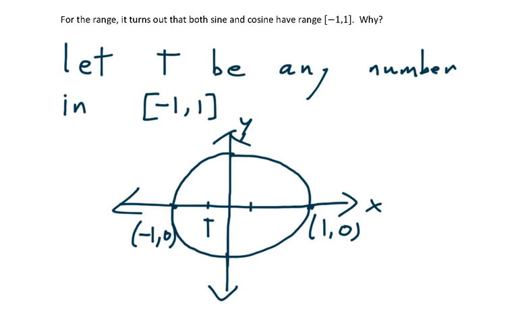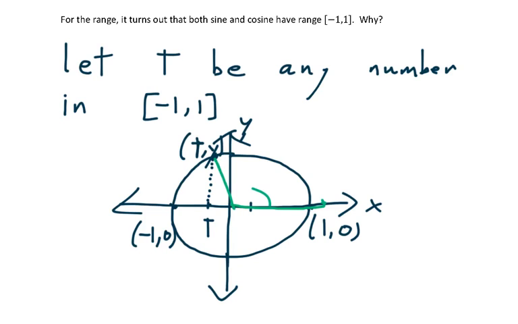Okay, so if t is over here, then if we were to go up to this point, this point is going to have coordinates t, comma, y for some number y. All right, big deal. How does that help us? Well, what if I draw this angle in standard position?